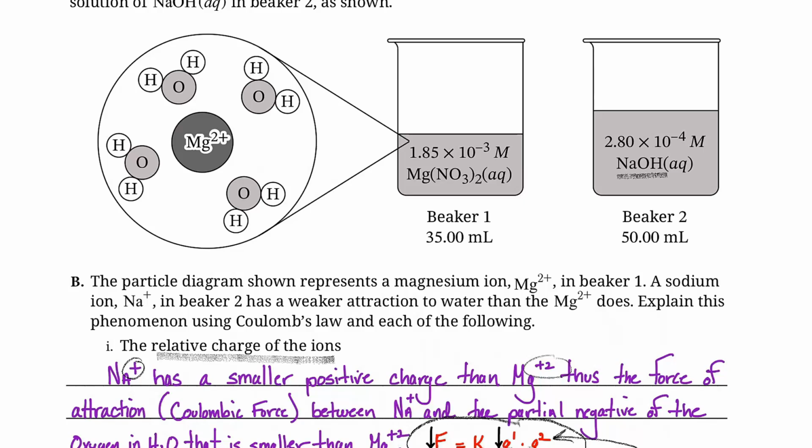Anytime you've got a group 1 ion with a hydroxide, or some group 2 ions, calcium, barium, and strontium, even though they have to be at a lower concentration, you've got complete dissociation. In this case, we've got a very low concentration, but we can expect complete dissociation of sodium.